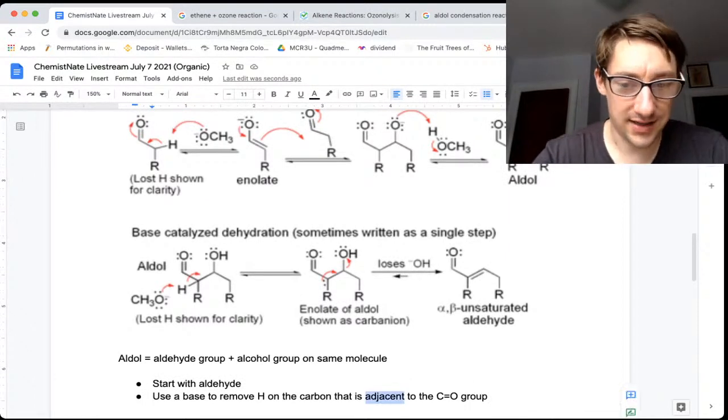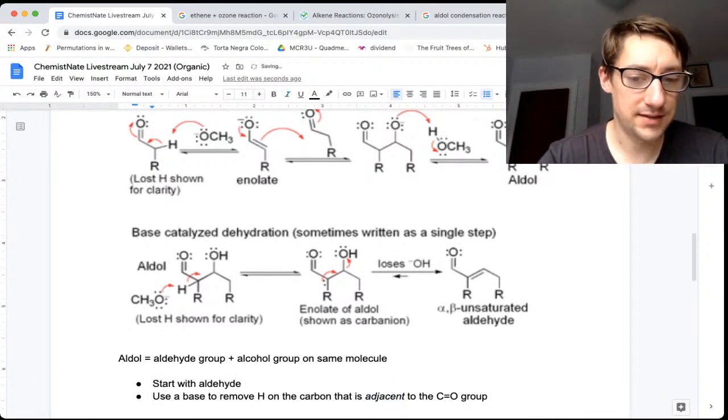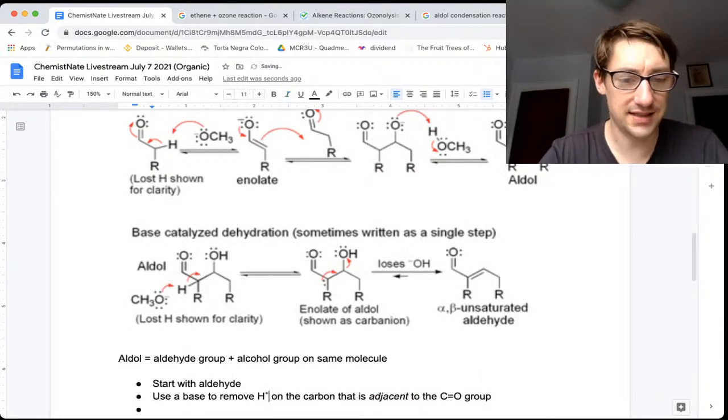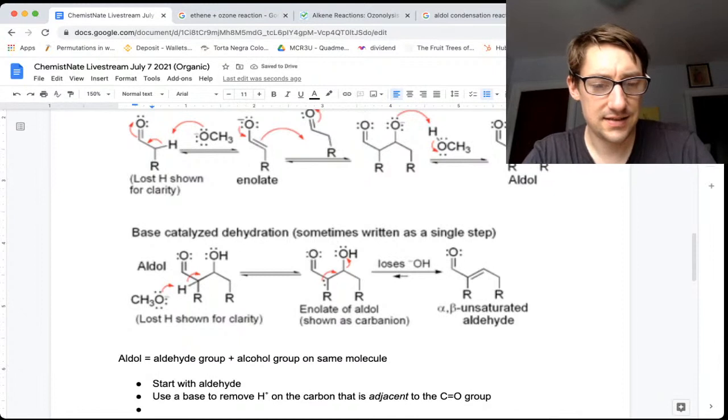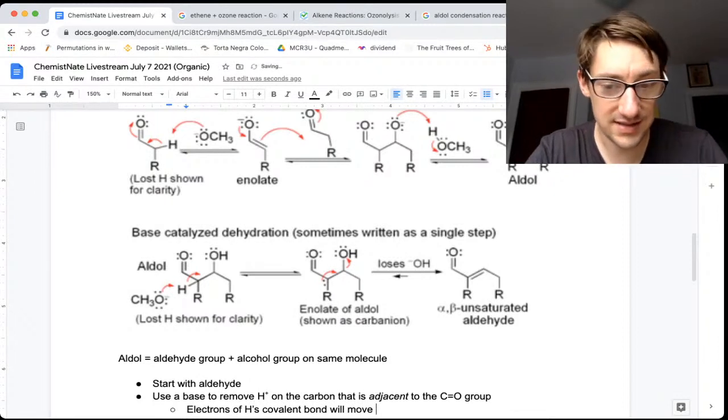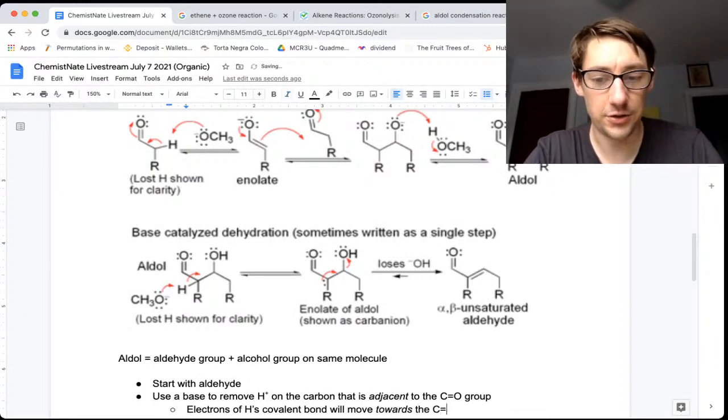The electrons from, in fact, maybe it's more clear if I write that you're removing an H+. The electrons of H's covalent bond will move towards the CO group.